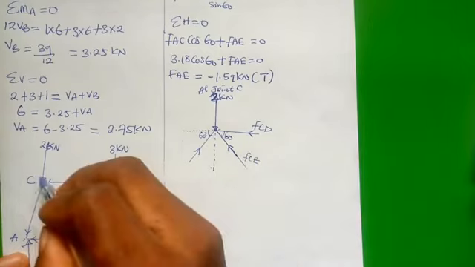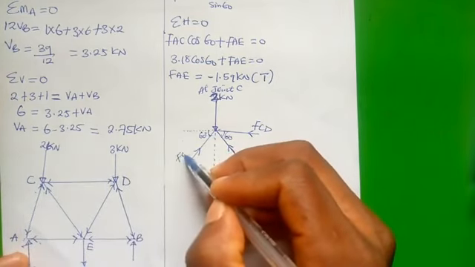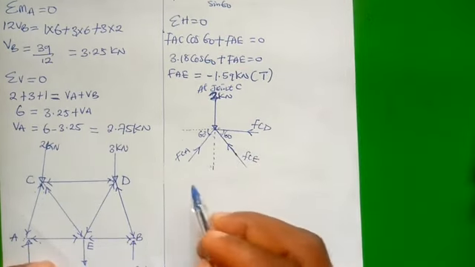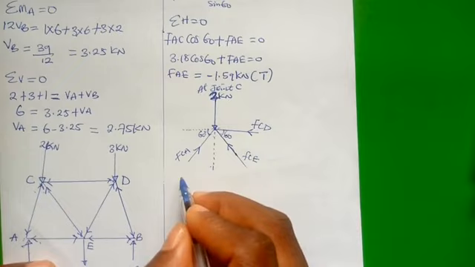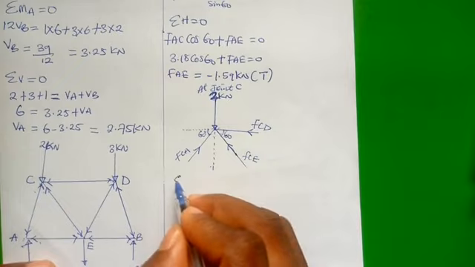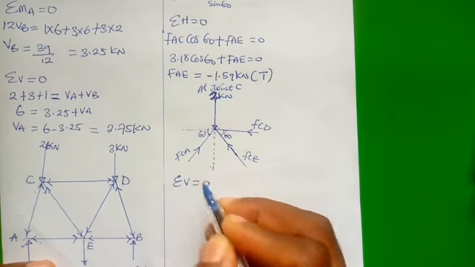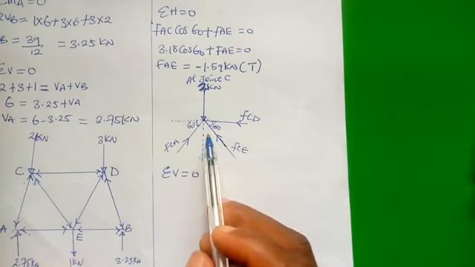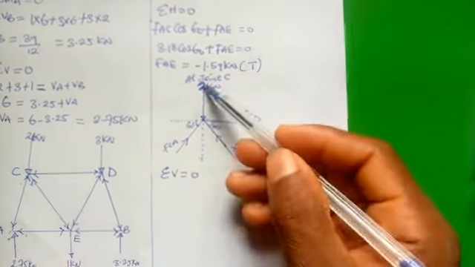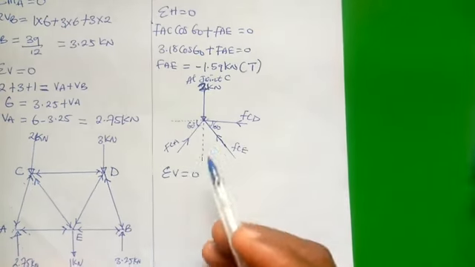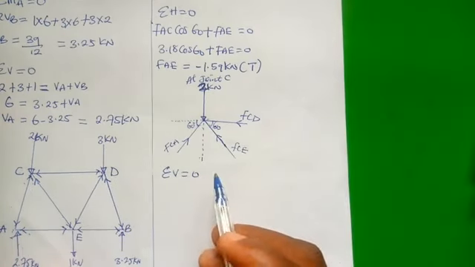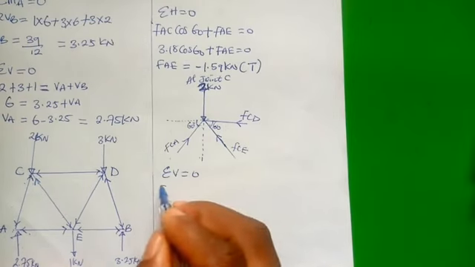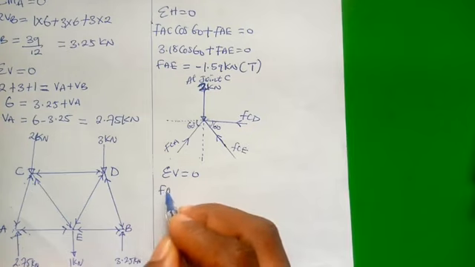And this is FCA or FAC, whichever way you want to call it. Also, we'll go ahead to resolve the vertical forces to be 0. Any force here that is neither in a vertical line nor horizontal line will be resolved with the angle which it makes with the horizontal line. To start with, we have FAC or FCA, whichever way you want to call it.